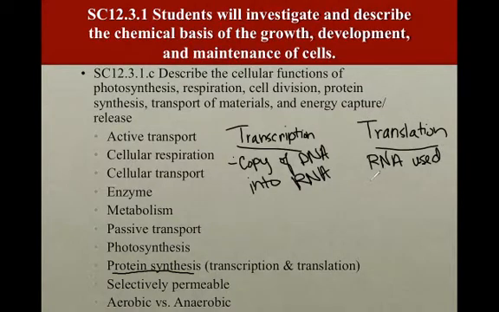But RNA is used to build a protein. Amino acid chain, which would be built into a protein then. Okay. I don't think you'll have to know the different steps in that.